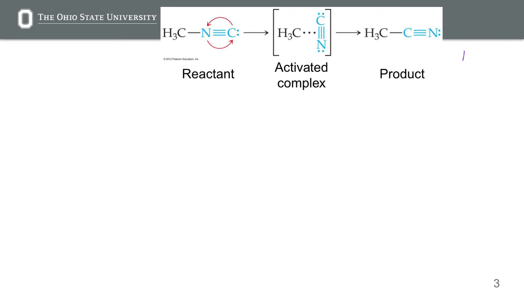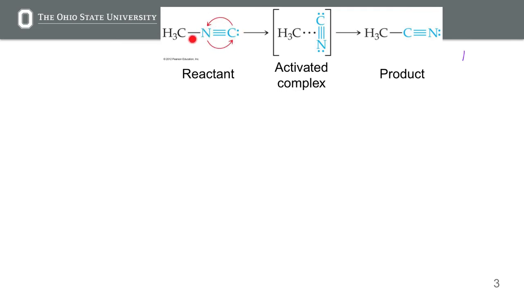So let's look at this collision theory in terms of a reaction. Here we have a reaction in which our reactant, I think this is acrylonitrile, I should have written that down, has a methane group bonded to a nitrogen, which is triple bonded to a carbon. And the product is just a switching of this arrangement.